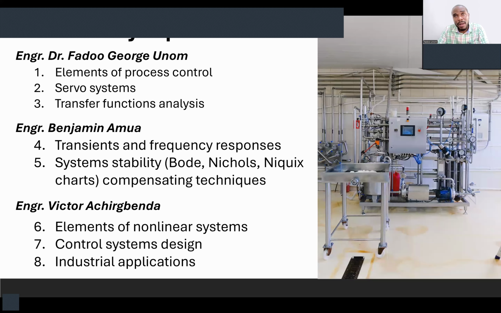But I would want you not to lose sight of the application. Usually, as we teach you the principles and take you through why the calculations are done and how they are done, it's always important for us to link all of that to their industrial application.